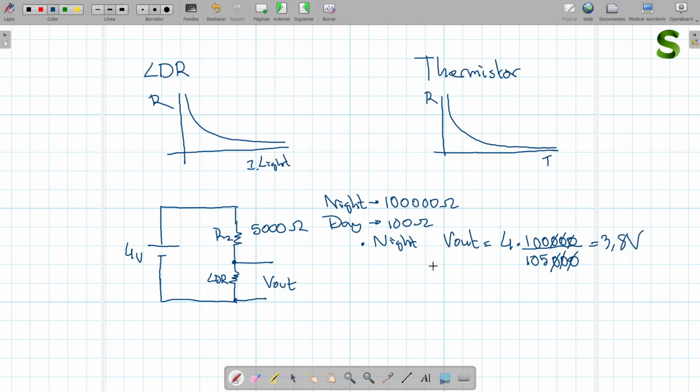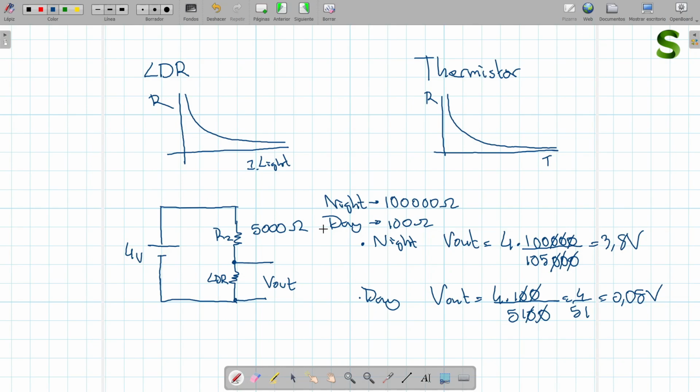So what happens during the day? Well, during the day, our V out is going to be 4 times 100 divided by 5,100. So that's going to be 4 divided by 51, which is 0.08 volts, more or less.